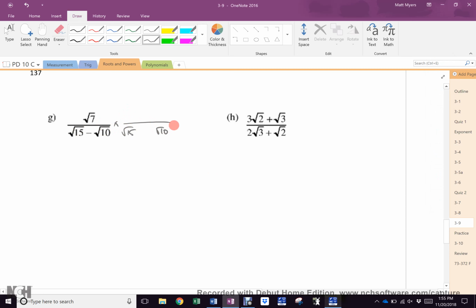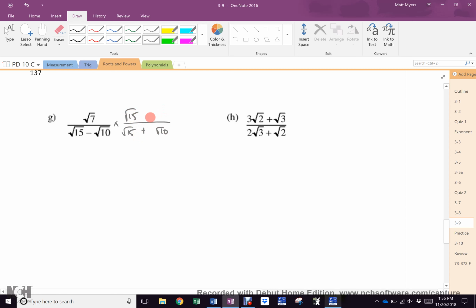Root 10. But if I do plus, there will be a middle term. So what must I do? Oh, damn it! If I do minus, there will be a middle term. So what do I need, McKenna? The conjugate, which is what? Plus. If I have that on the bottom, I can only multiply by 1, so what must be in the numerator?